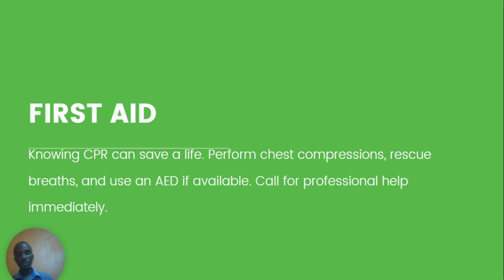So very critical also in first aid is to call for professional help immediately, especially in those life-threatening situations like heart attacks, cardiac arrest, stroke. You need to alert the emergency medical services or an ambulance that can take this person to receive professional help immediately.